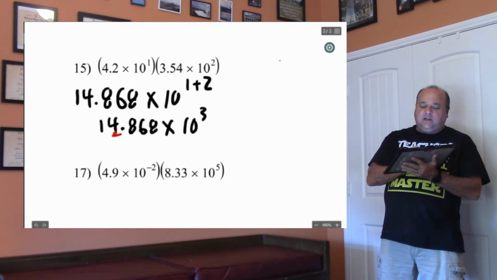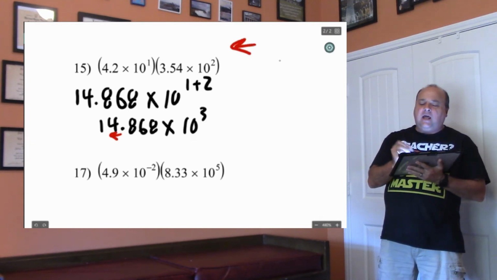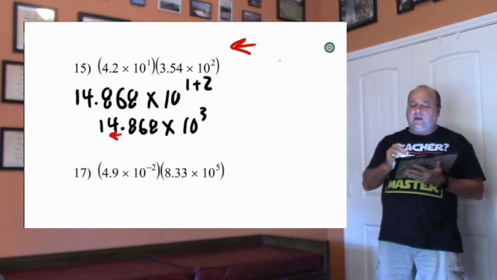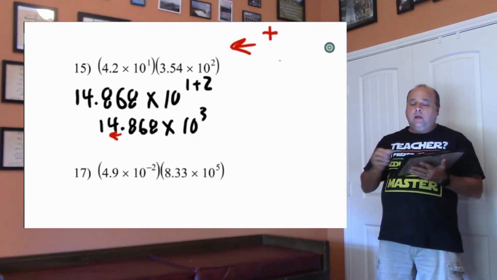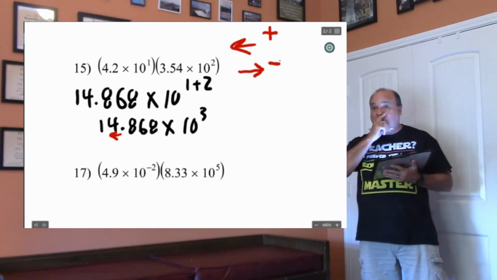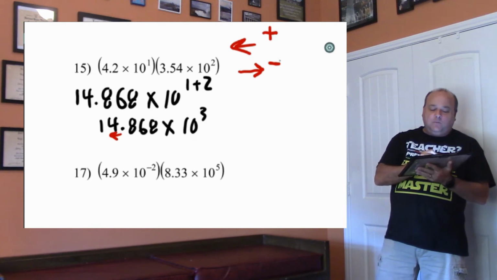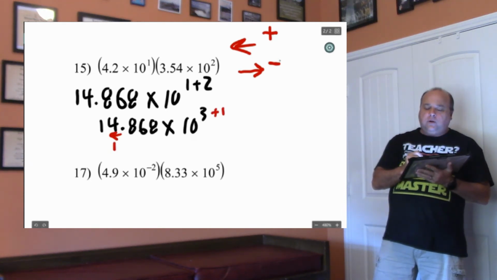I got to move that decimal one time to the left. If you move to the left, if you move your exponent to the left, you're going to add the number of digits, okay? If you move your exponent to the right, you're going to subtract the number of digits you move it. So I need to move my exponent one time to the right, don't I? So I'm going to do 3 plus 1 here.